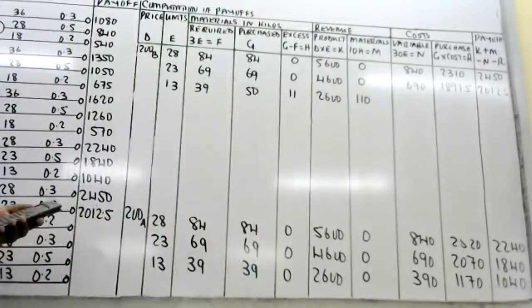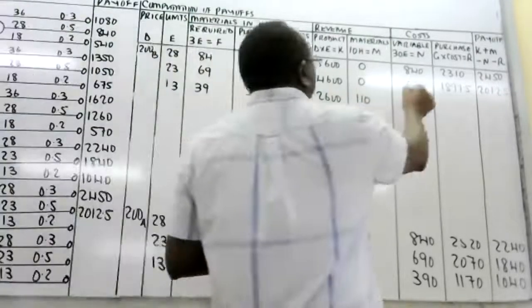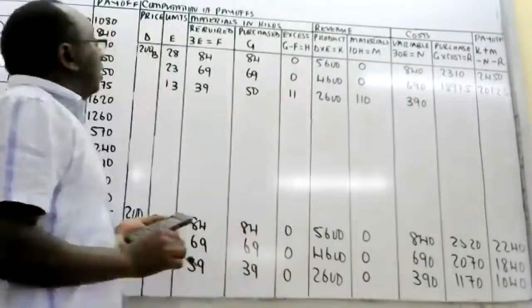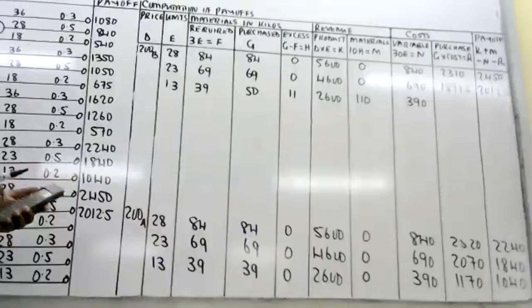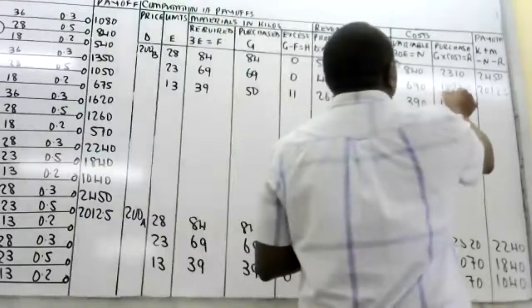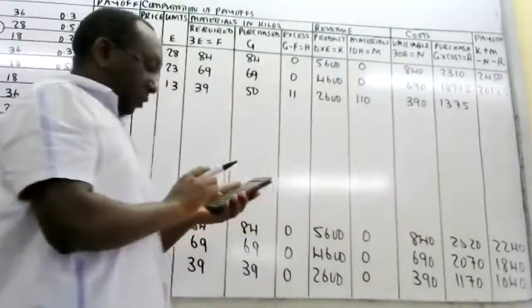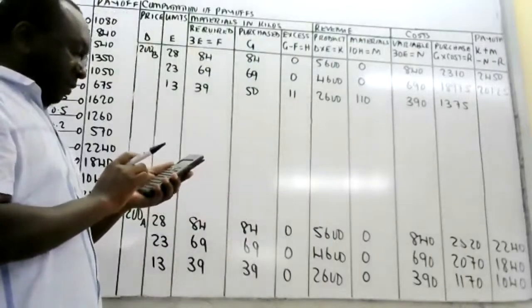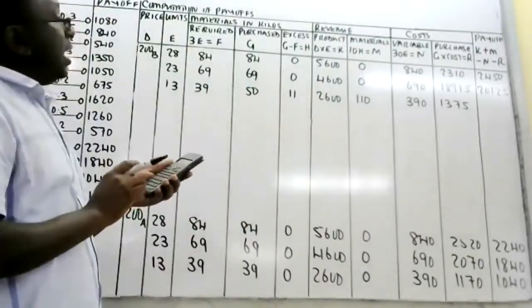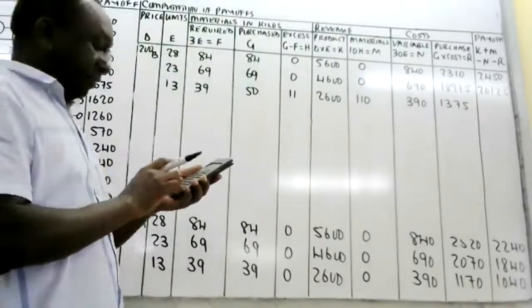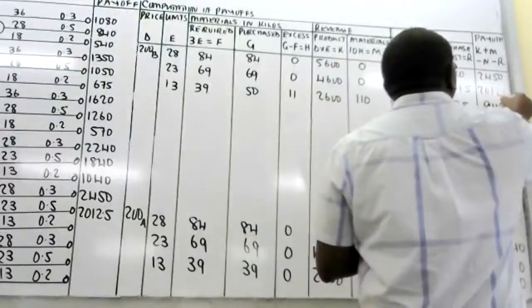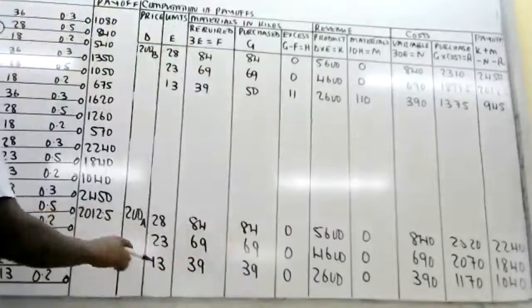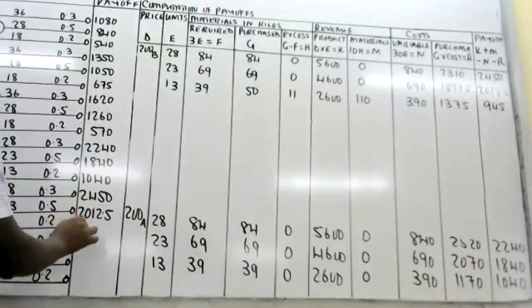Variable cost is 30 times 13 is 390. The purchase is 50 times 27.5. 1375. 2600 plus 110 minus 390 minus 1375 is 945. So that one we bring it here.